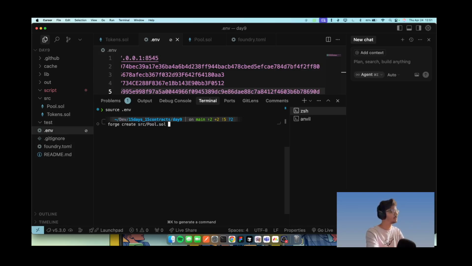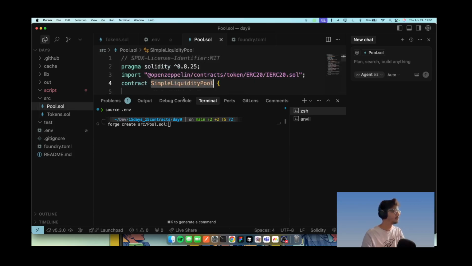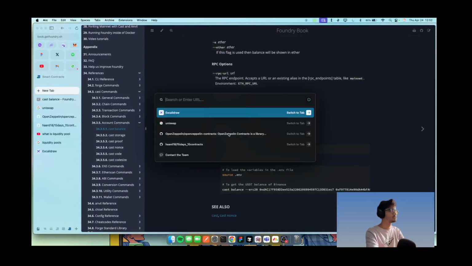And we'll forge create, ERC/pool, and we'll go for SimpleLiquidityPool. Okay, and RPC URL. Oh, we need the constructor args, don't forget that. Private key. There is something that I came across yesterday, which is called cast wallet, for private keys, I guess.